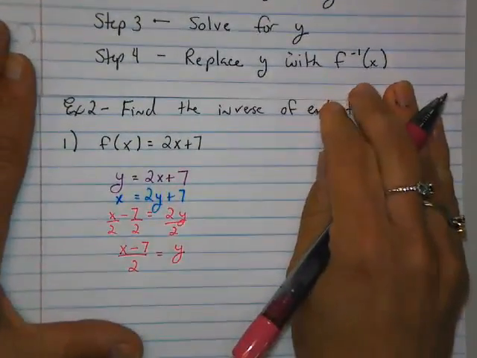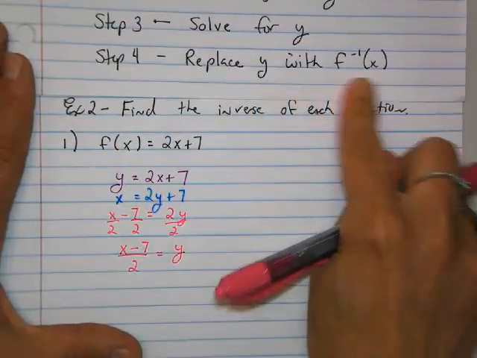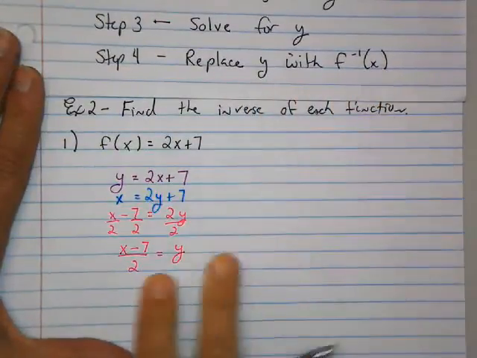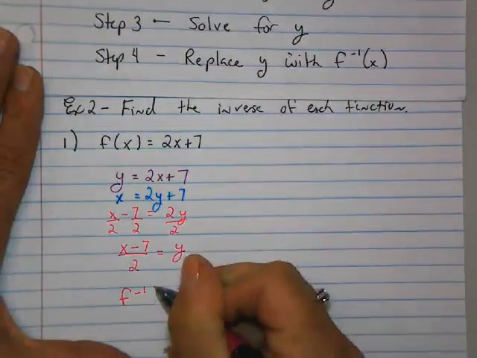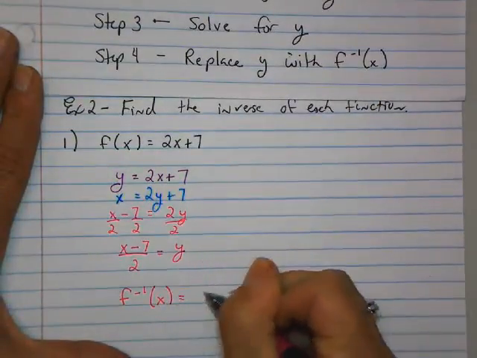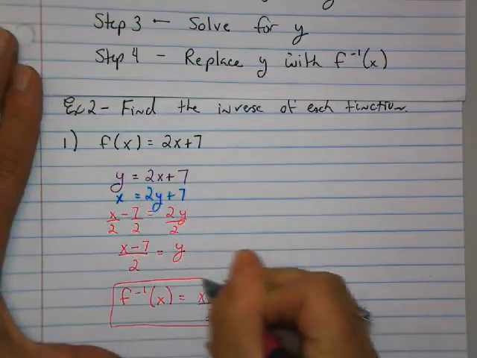And then the last step, replace y with f negative 1 of x. And at this point, I'm just going to rewrite it using the symmetric property. And that would be my answer.